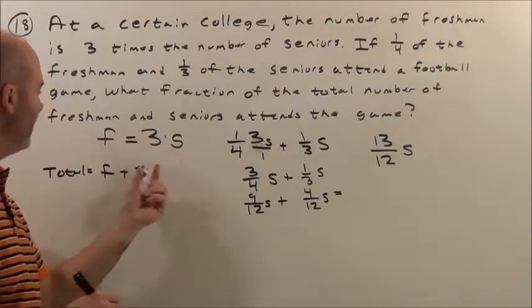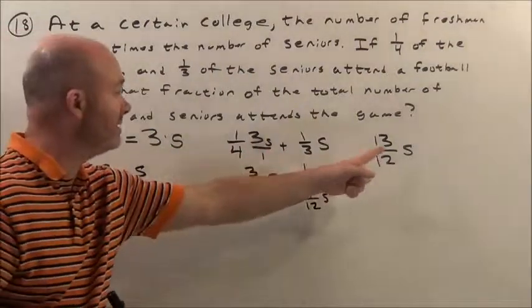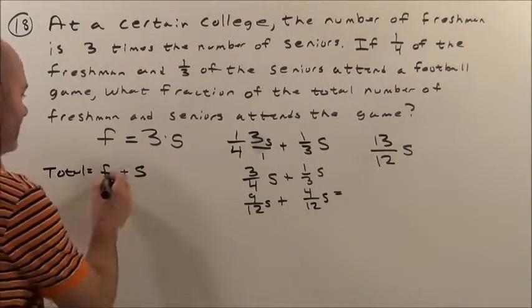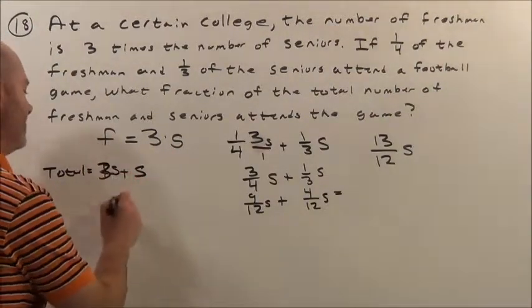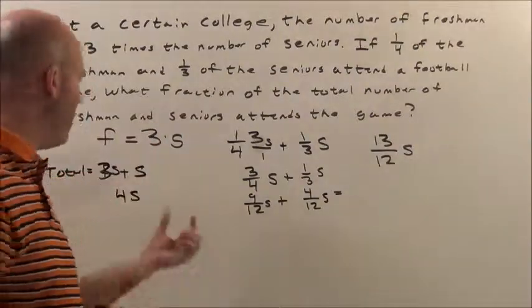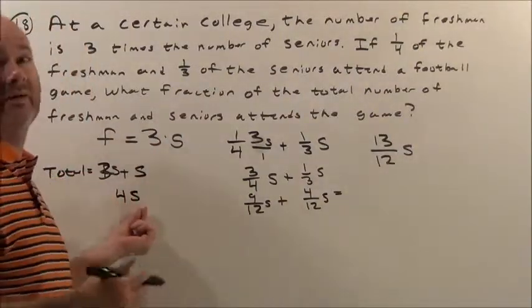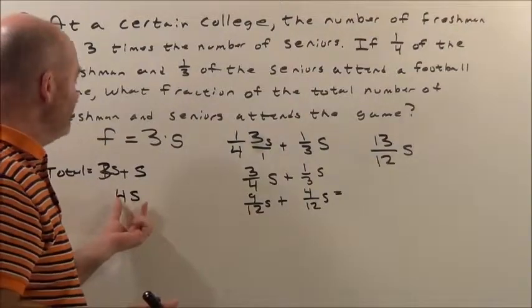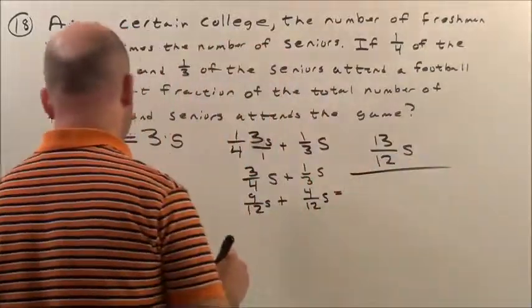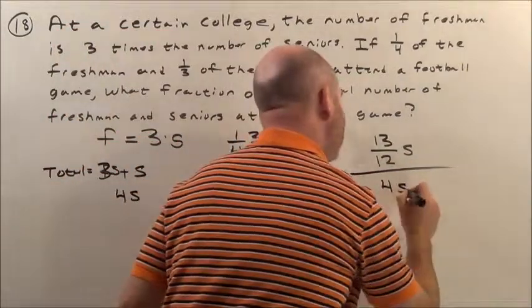Freshman is the same as 3S. So I want everything in terms of S, so F is the same as 3S. If I just replace that with 3S, the total number of freshmen and seniors at the college is the same as 4 times however many seniors there are. So I have 13/12 at the ball game out of this 4S.